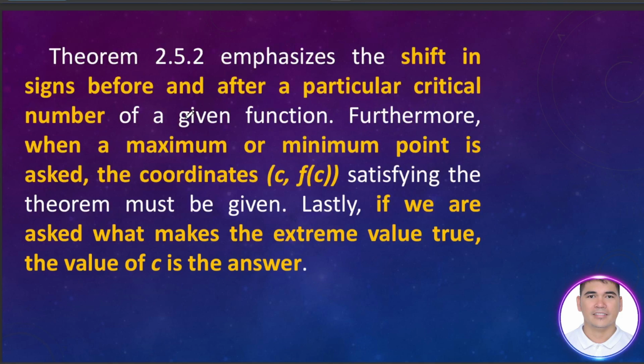So that's why here we are going to use the sign before and after a particular critical number. Pag papa-increase siya, we have the positive 1. Pag papa-decrease, we have the negative 1. So when a maximum or minimum point is given, the coordinate c, f of c satisfying the theorem must be given. Lastly, if we are asked what makes the extreme value true, the value of c is the answer. Ang value sa c.